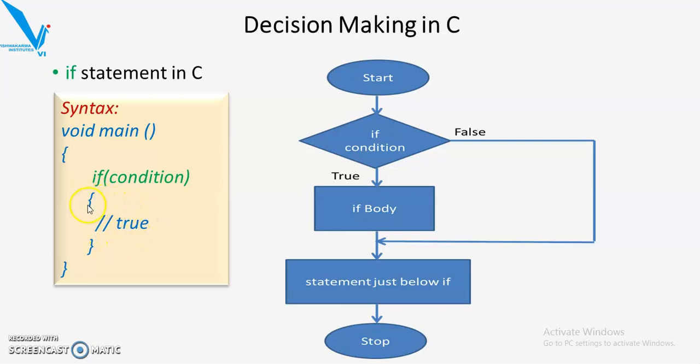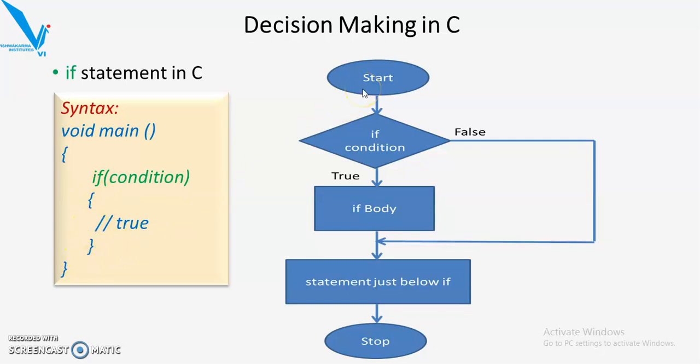Body means the opening curly brace and the closing curly brace. So if the condition is true, whatever statements are inside the body are going to be executed. Else, if the condition is false, the control will go directly to the instructions written after this body.